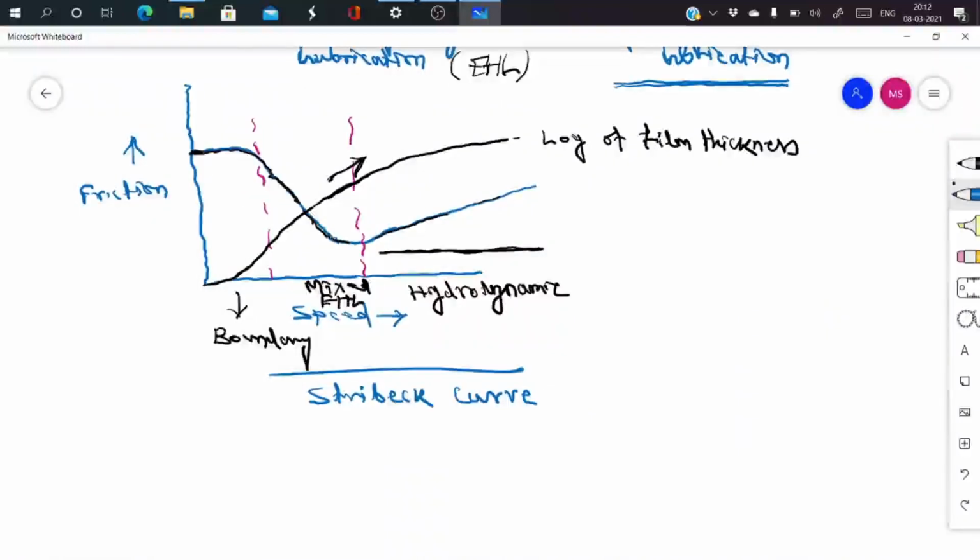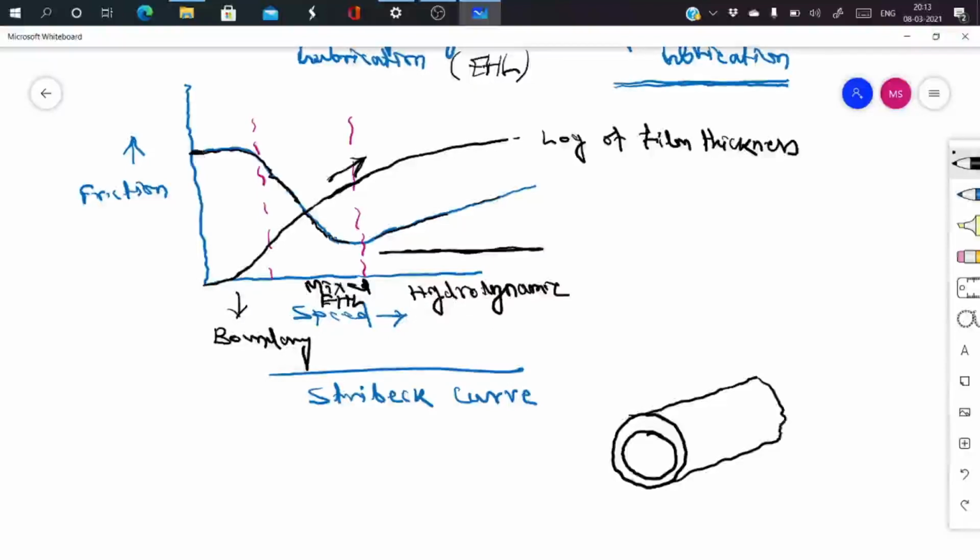Now let us go into the journal bearing derivation, lubrication in the case of a journal bearing. First of all, the journal bearing is cylindrical. Let's say this is the bearing, and this is the journal, so it is a cylinder.